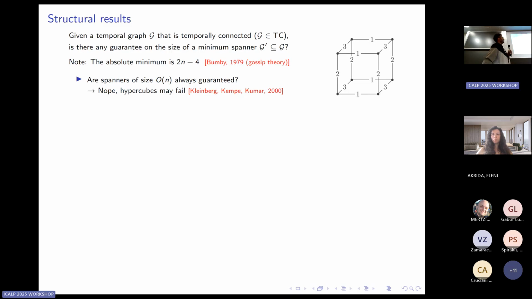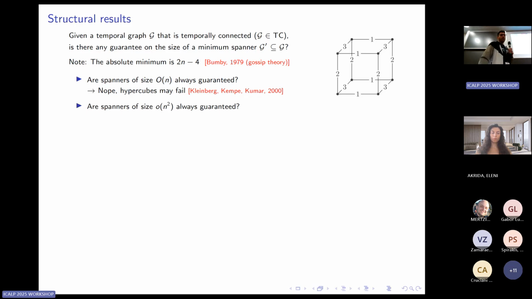It was proved that there exists a family of graphs with a labeling that has asymptotically n log n edges and cannot be sparsified.